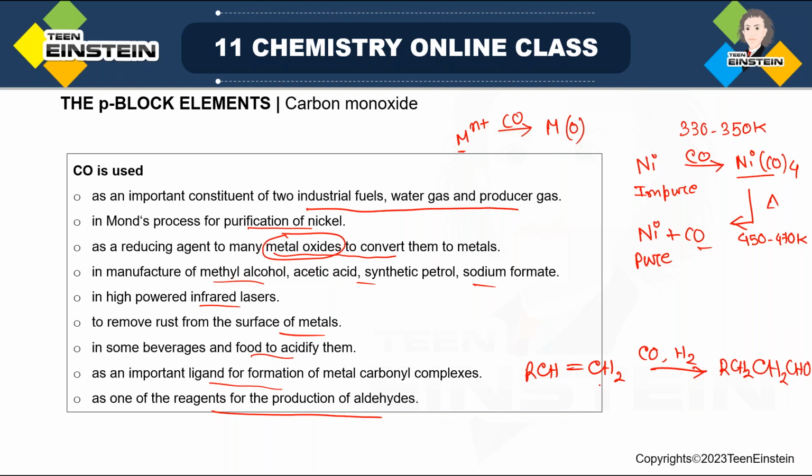So here, for formation of aldehyde starting from alkene, one of the reagents is carbon monoxide, because the other reagent is H2. Here the carbonyl group in CHO, the source of this group is carbon monoxide. So these are the different applications of carbon monoxide.